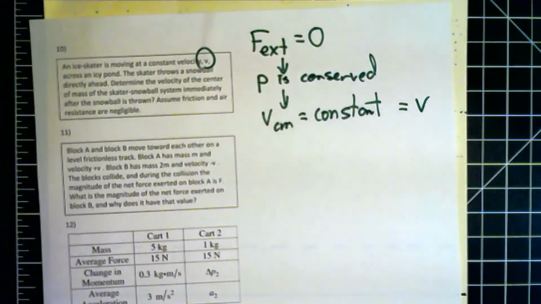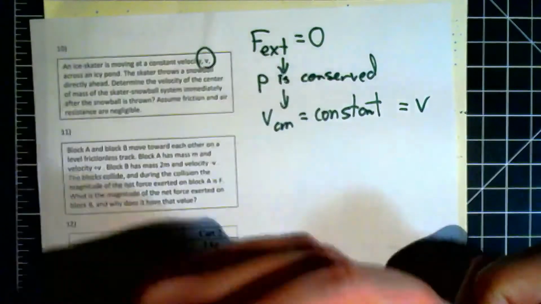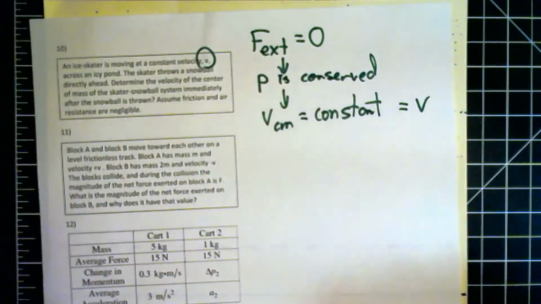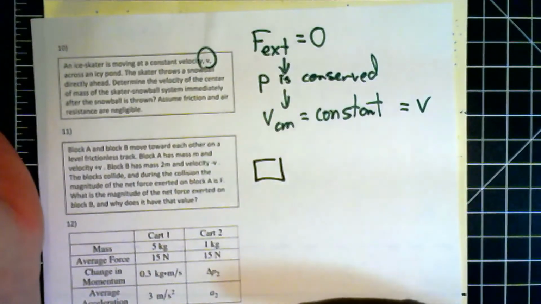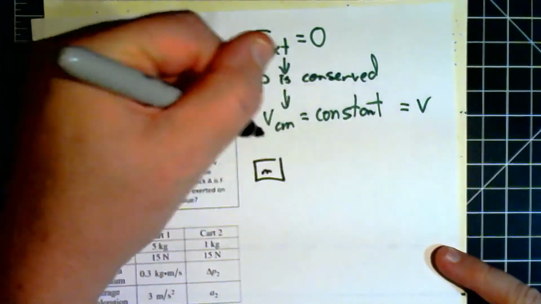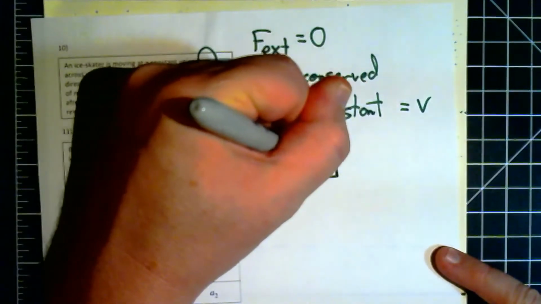Okay, number 11, you've got block A and B going through a collision. And it asks, what is the magnitude of the net force exerted on block B, and why does it have that value? So here's the idea. When you have two blocks that hit each other, regardless of how much mass they have, let's say that this one is little m and the second block is 2m.